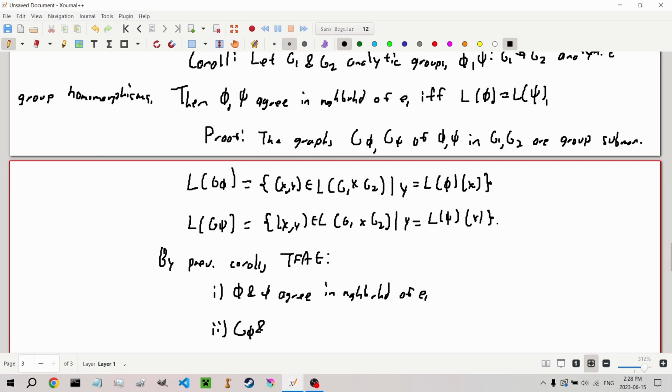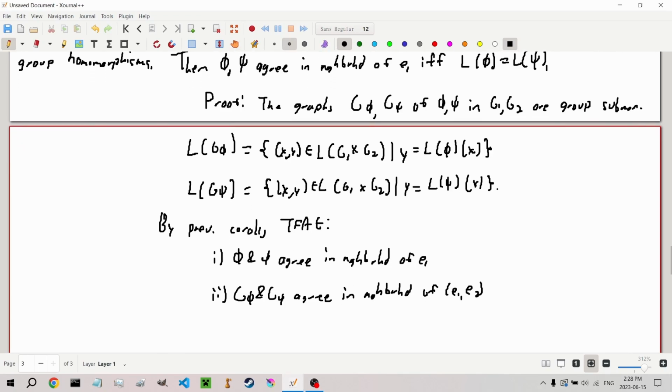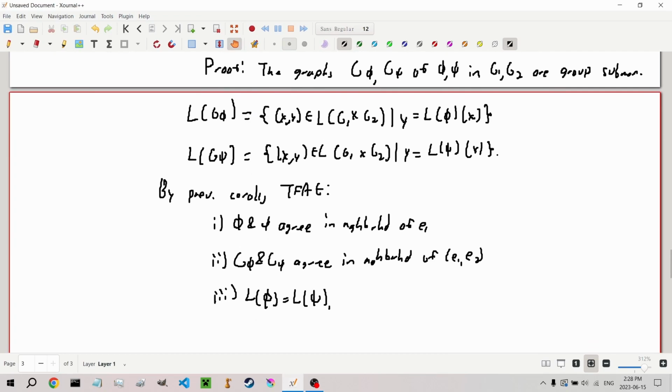G phi and G psi agree in a neighborhood of E1, E2, and we can get from that their associated Lie algebra maps match up. Not their charts, their Lie associated algebra maps. You know what I'm talking about.